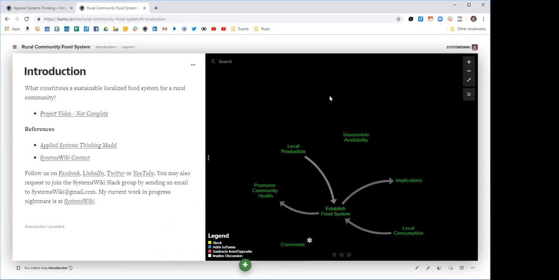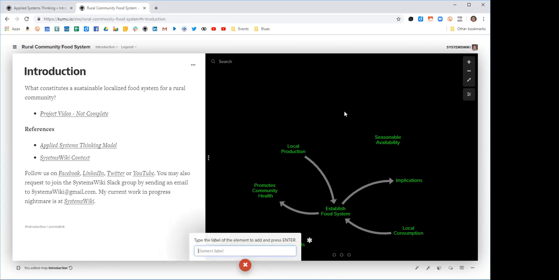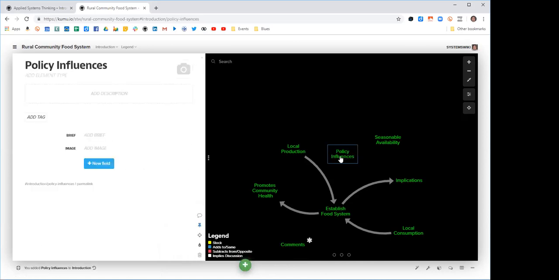So for me, when I think about the most important barriers to a local food system, it has to do with the influence of the largest entities in the system that influence policy at all levels and planning, which is why you have Main Street businesses being replaced by large-scale retail.